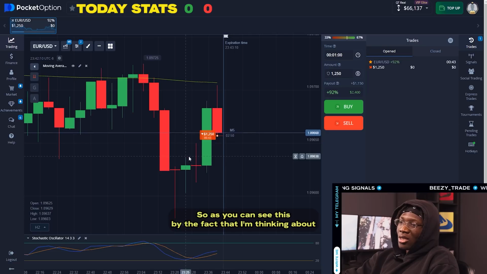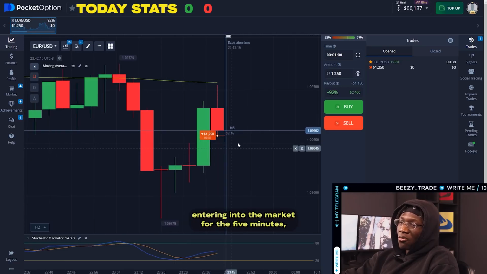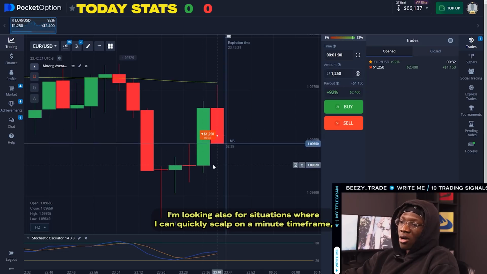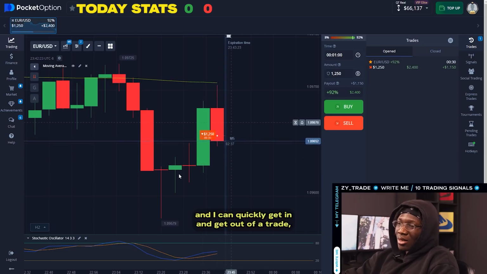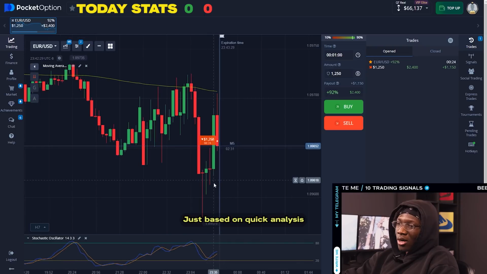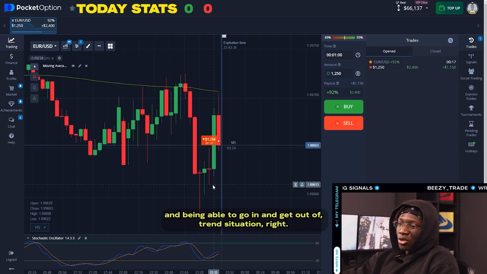So as you can see, despite the fact that I'm thinking about entering the market on the 5 minutes, I'm looking also for situations where I can quickly scalp on a minute time frame, quickly get in and get out of a trade, make a little bit of profit, just based on quick analysis and being able to go in and get out of a trend situation, right?